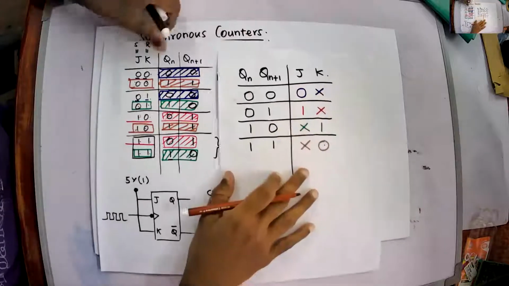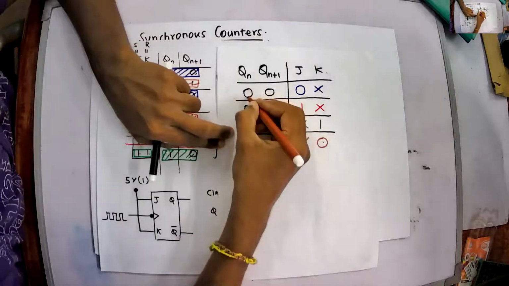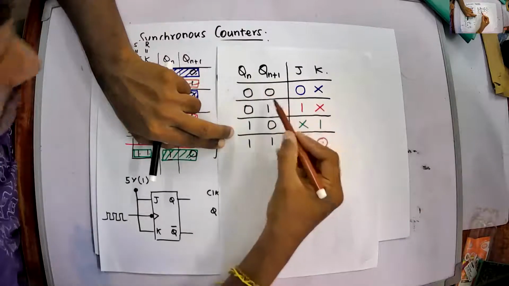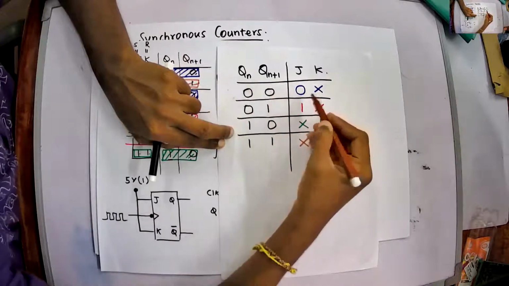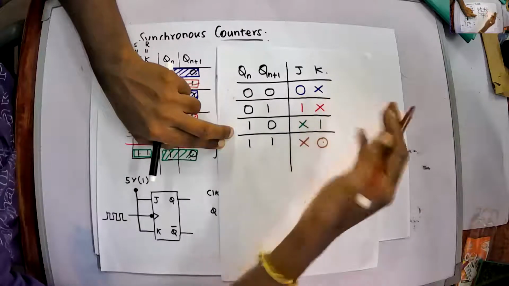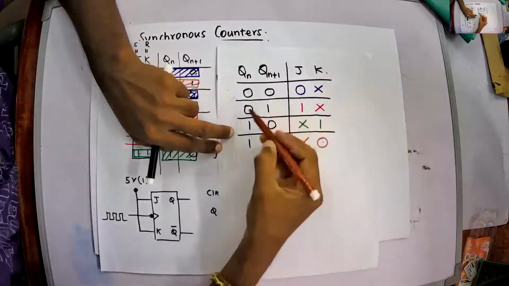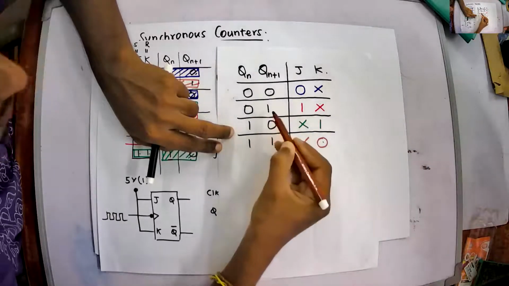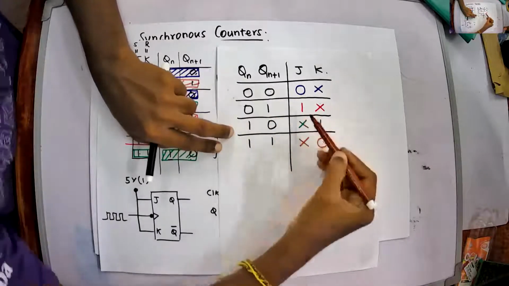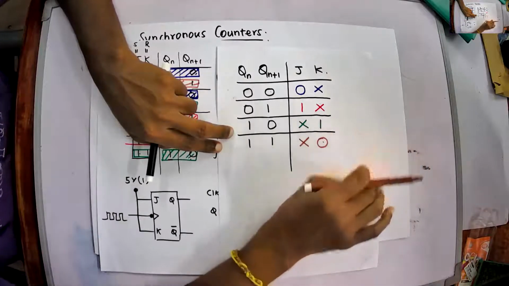So if you have a JK flip-flop with present state of 0 and next state of 0, you can predict that your J must be 0, but K could be either 0 or 1. Clear? At the same time, if present state is 0 and next state is 1, then you can predict that your J must be 1, but K could be a don't care.